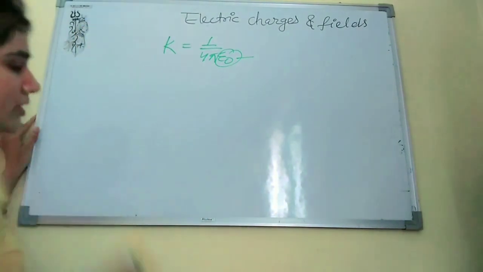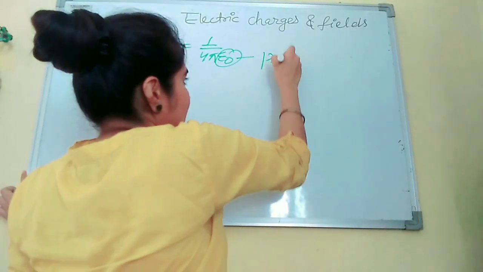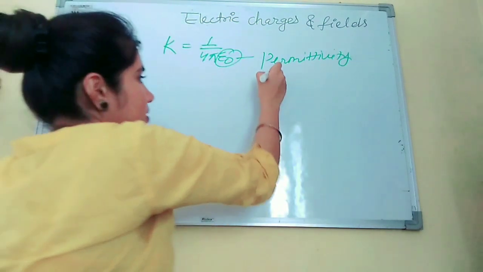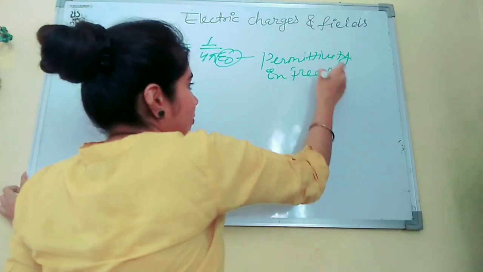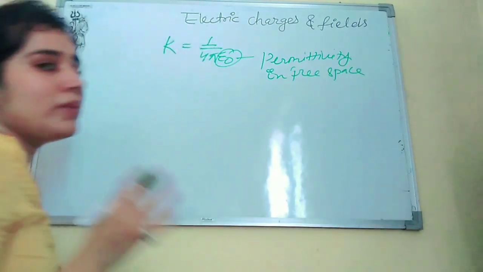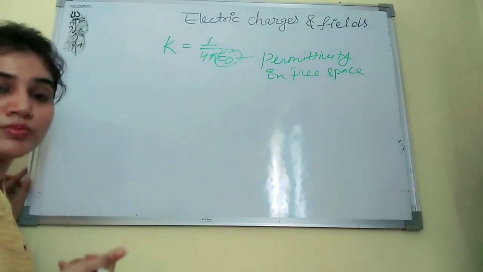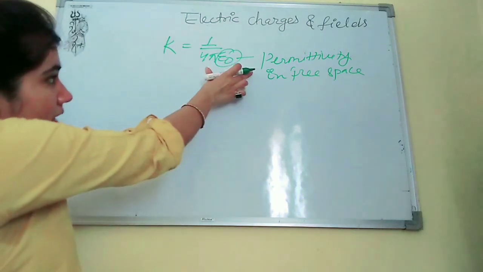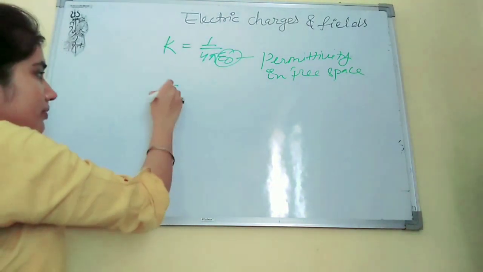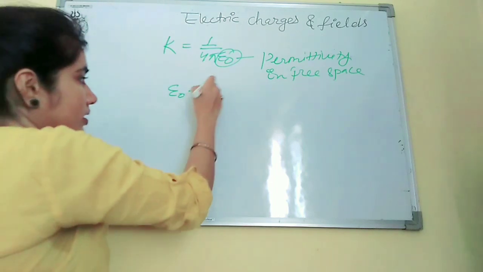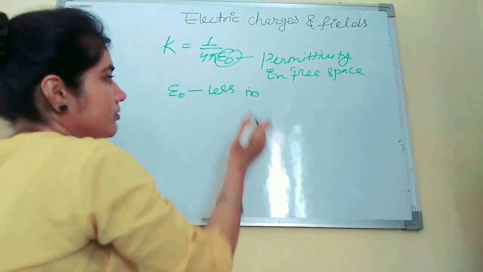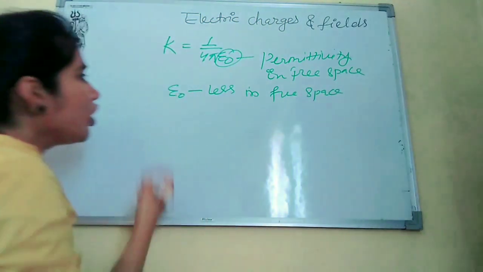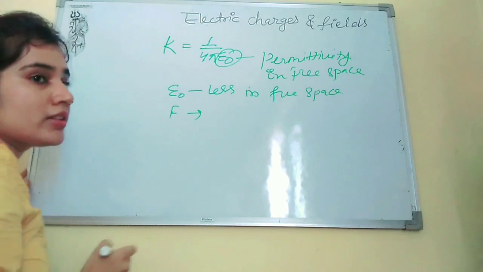Now we are seeing the permittivity in free space, because we have placed the point charges in vacuum. In Coulomb's law, both charges were placed in vacuum. So epsilon naught is very less in free space, because the force was high.